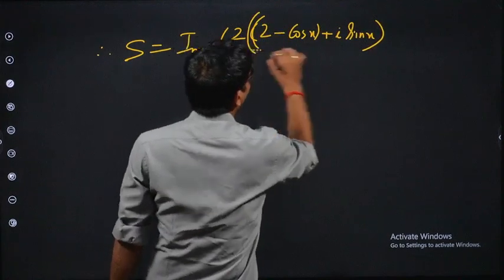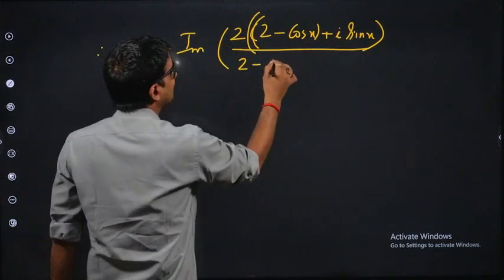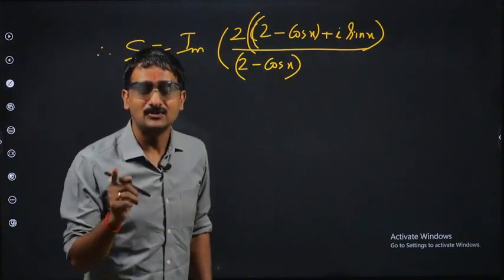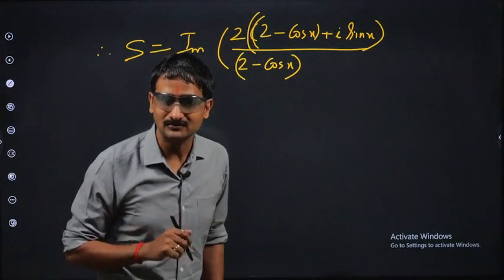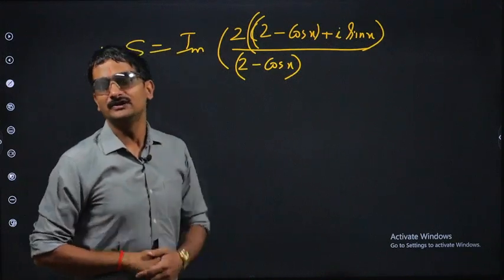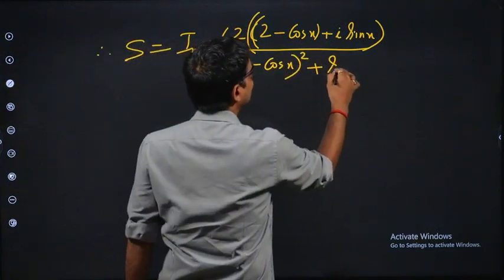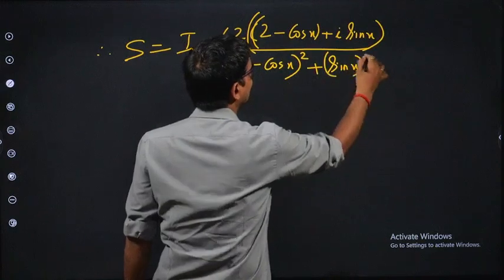Upon 2 minus cos x whole square, since z into z bar is mod z whole square, and modulus of z is under root of real part square plus imaginary part square, so real part square plus imaginary part square.